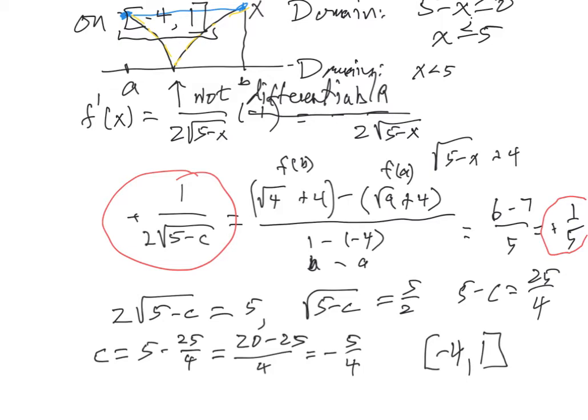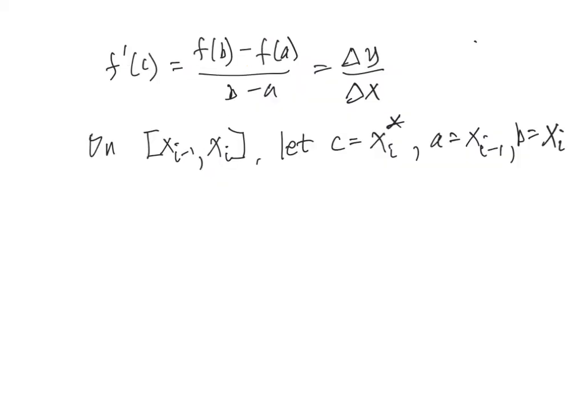Now let me pause and set us up for the next thing. All right, so what we really care about is application of the integral, not the mean value theorem, although the mean value theorem is a wonderful theorem. The main advantage the mean value theorem gets us is this algebraic connection between the derivative of a function and the function itself.